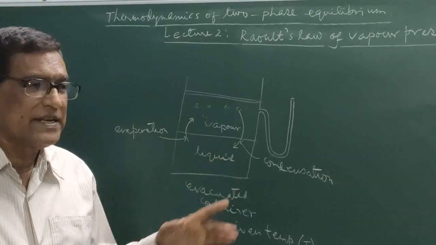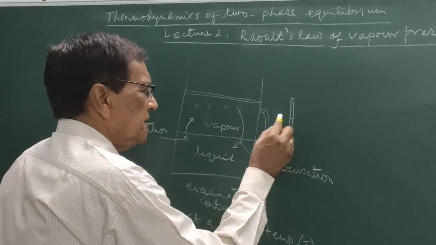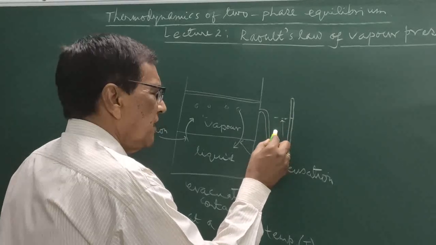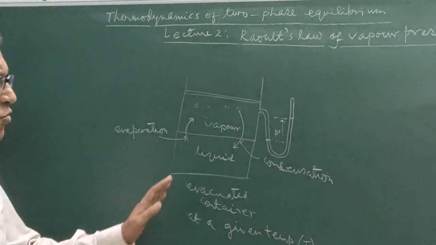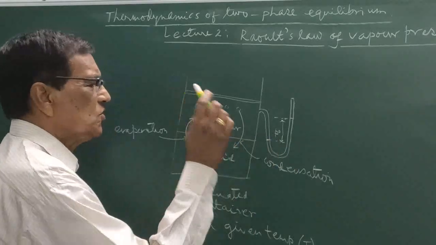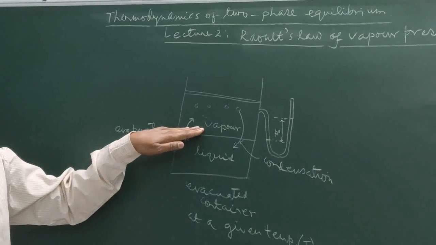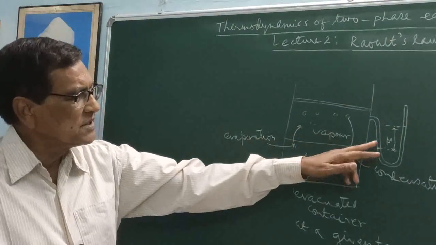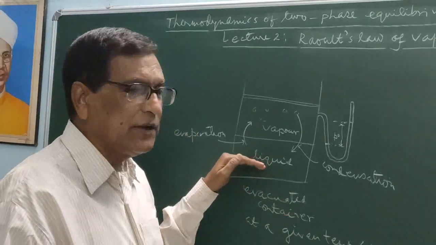Liquid and vapor remain at equilibrium with each other, and at that time the vapor pressure shown by this liquid is called the vapor pressure of this liquid. And this vapor is saturated vapor, as the vapor is remaining in contact with this liquid. So this vapor pressure is also called the saturated vapor pressure of this liquid.